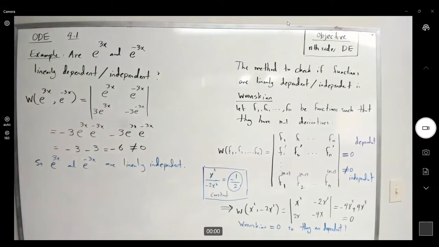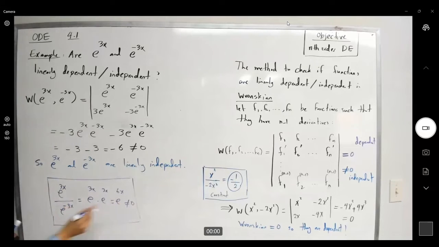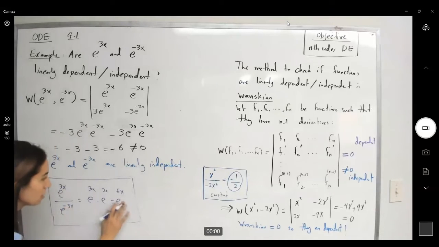Just a quick observation: if I divide these two, what do I get? e to 3x divided by e to negative 3x is equal to e to 3x times e to 3x, or e to 6x, which is not a constant.